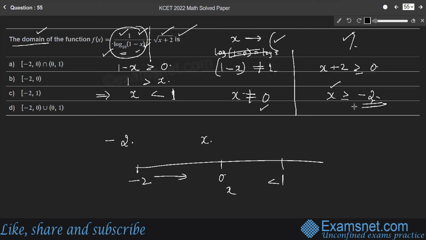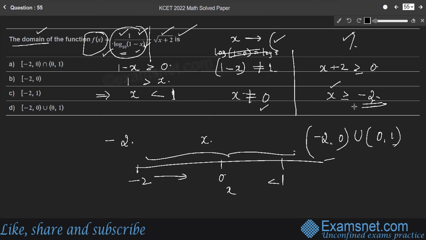Within this range or domain, the function works. Therefore, the domain should be minus 2 to 0 union 0 to 1. In this domain, the function works.